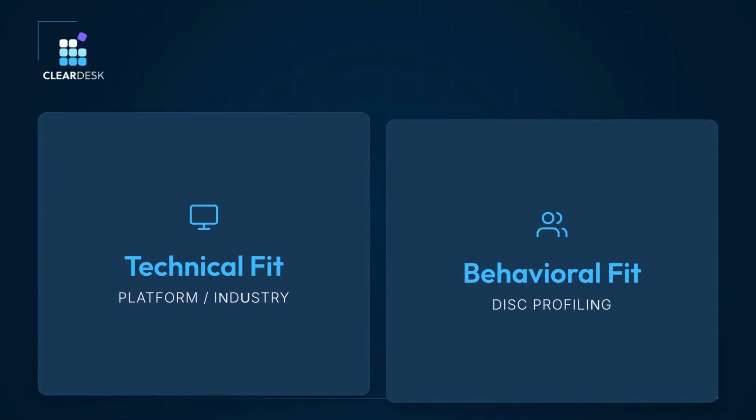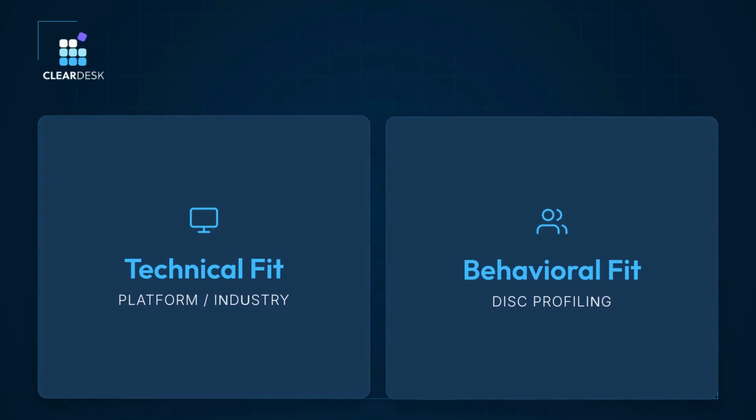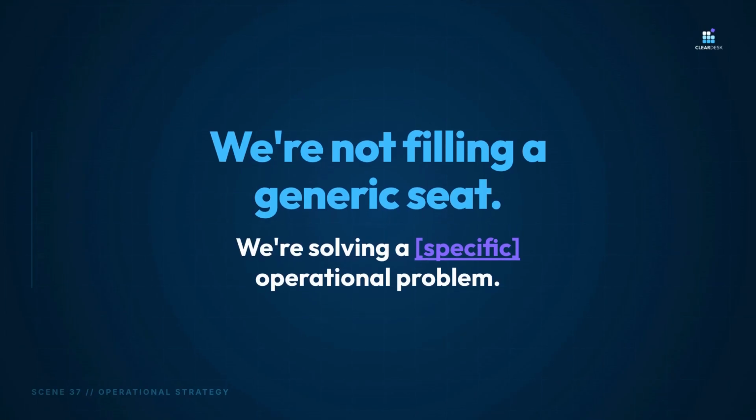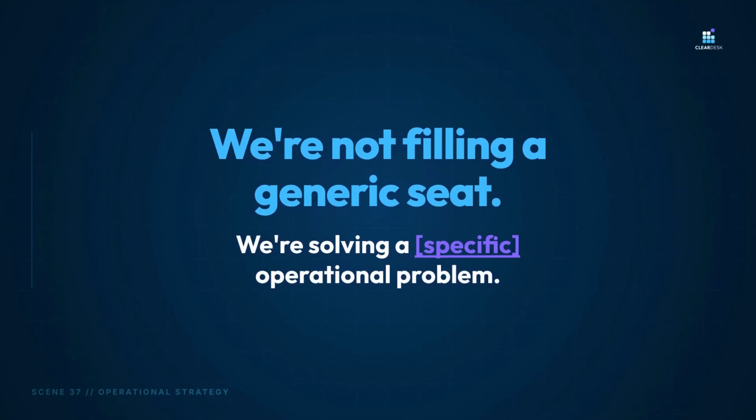Second, behavioral fit via DISC profiling. Every candidate we place has been through our 6-stage talent assurance protocol, which is how we maintain a 0.5% acceptance rate across candidates. But the matching only works because we diagnose the role first. We're not filling a generic seat, we're solving a specific operational problem.